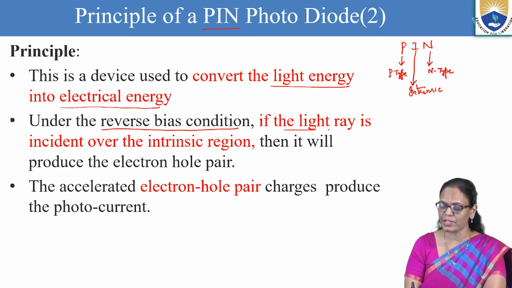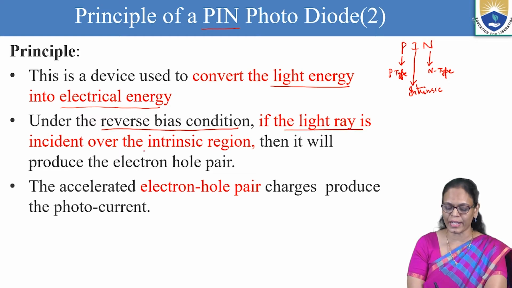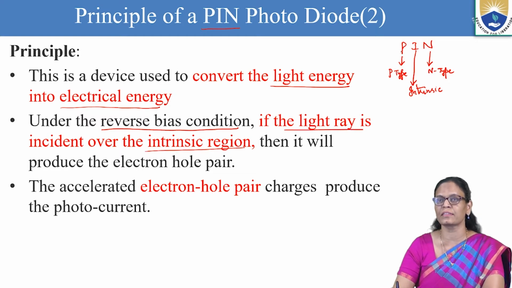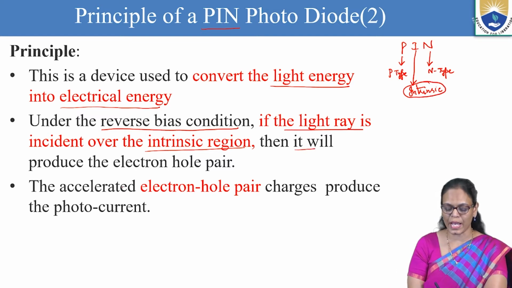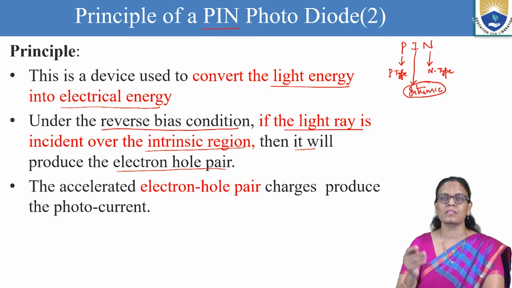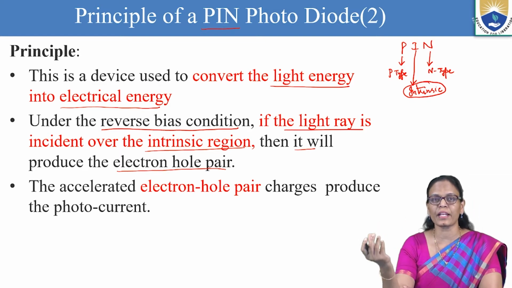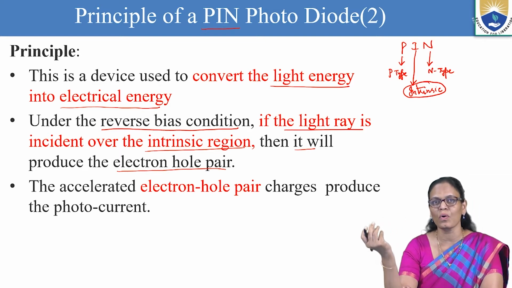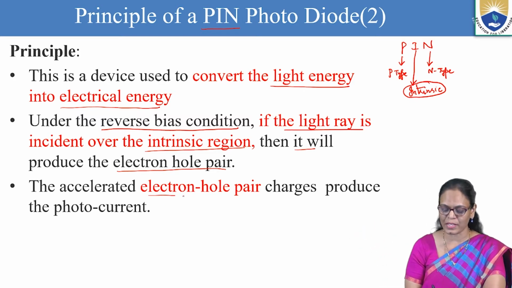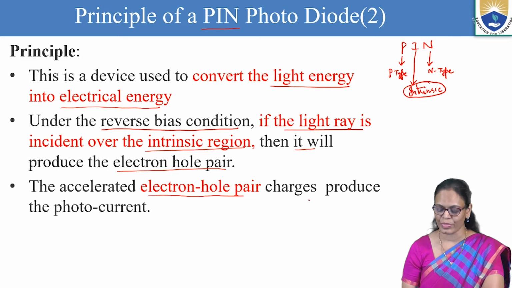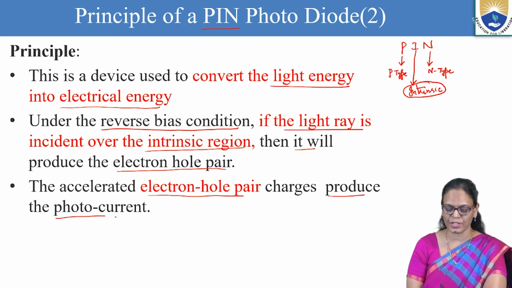And when the light rays are incident on the intrinsic region, I said there are three different regions, it gives rise to the generation of electron hole pairs. And when these electron hole pairs are accelerated, they produce photocurrent.